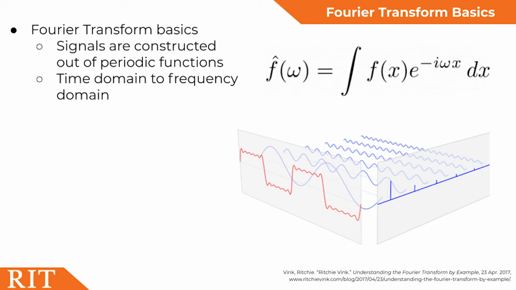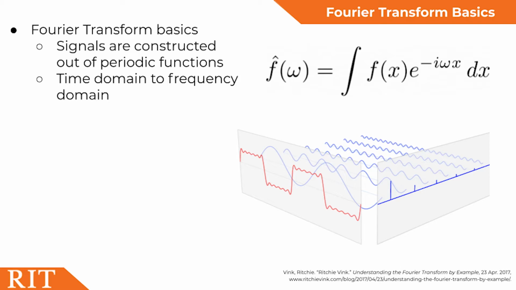So let's go into the Fourier transform basics. You may not need to hear this, it's used in a lot of scientific fields, but I thought I'd go over it anyway since it's an undergraduate conference and I didn't know what it was a year ago. So Fourier transforms are a way to convert a signal from the time domain to the frequency domain.